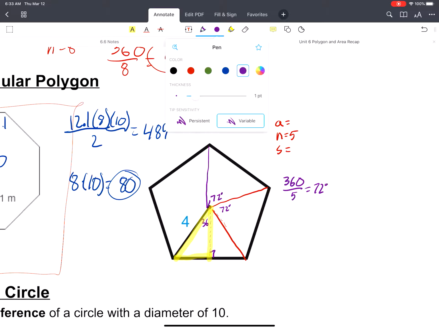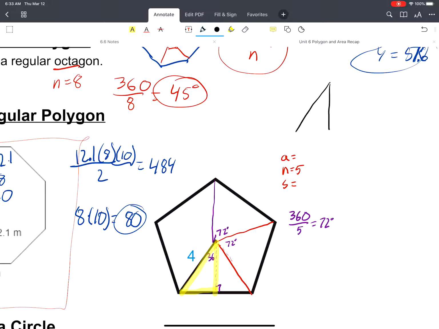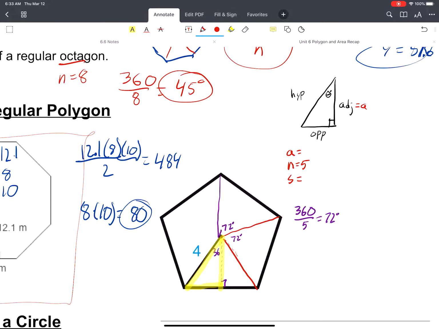The end goal here is to have some sort of right triangle, because if you have a right triangle, you have a hypotenuse, you have an angle, let's call it theta, and we have an adjacent and an opposite. Now this adjacent is also the apothem, and this opposite is 1/2 of the side length.